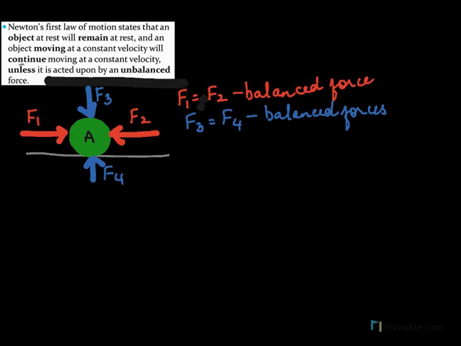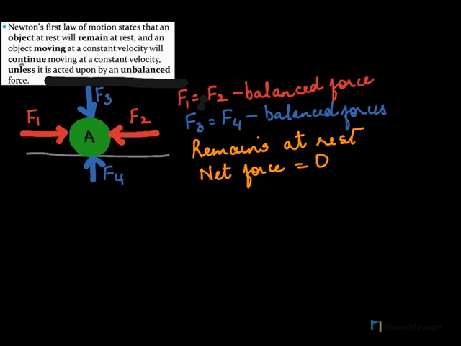This object was at rest and it will continue to remain at rest as long as the forces acting on it are balanced. Balanced forces do not cause any change in motion. If balanced forces are acting on an object at rest, the object continues to stay at rest.